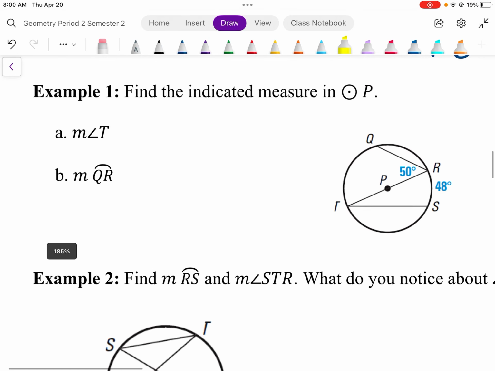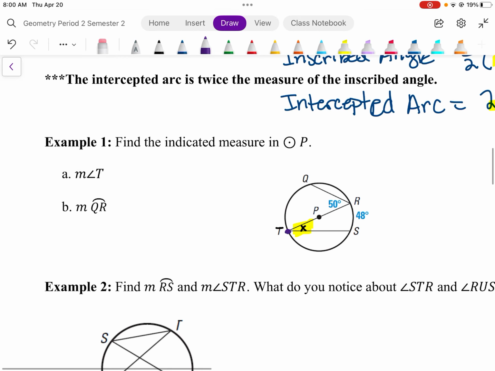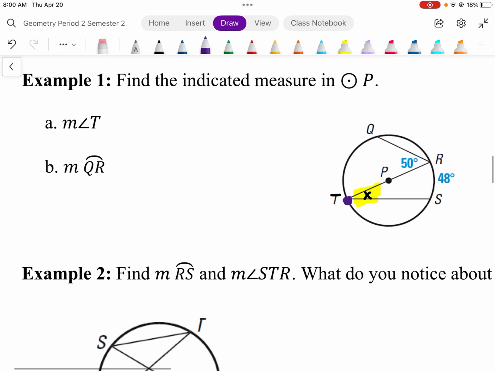Alright, so let's do some practice for what that looks like. The first one, they want us to find the measure of angle T. So that is going to be this angle down here. So looking for the measure of angle T, we know that it's an inscribed angle because the vertex of the angle is at the edge of the circle.